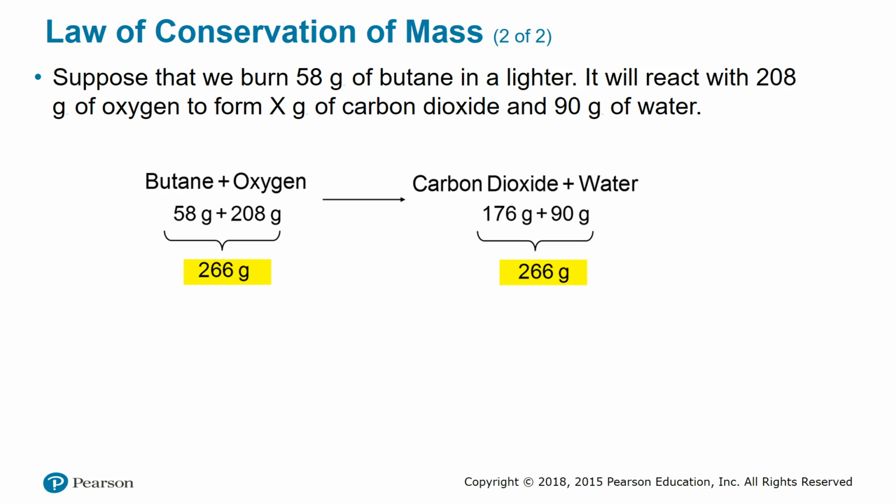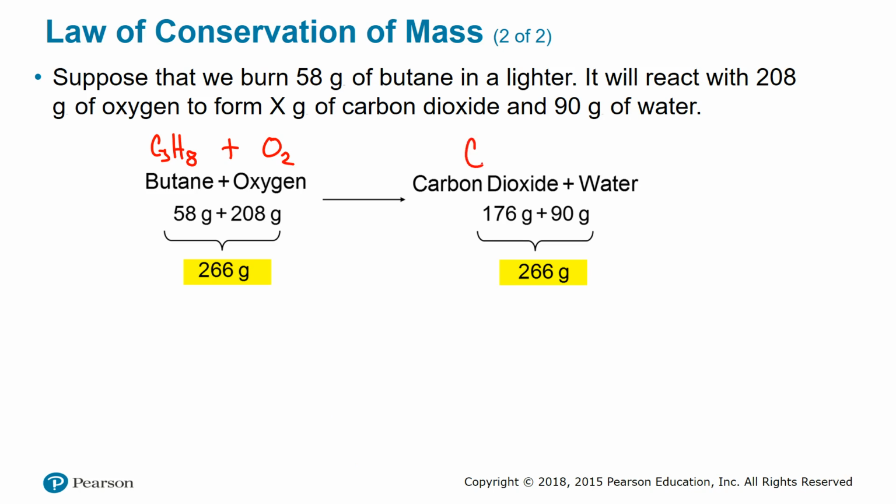All right. So we've rearranged the order. So if we're looking at this chemically, butane is C3H8. Oxygen is O2.